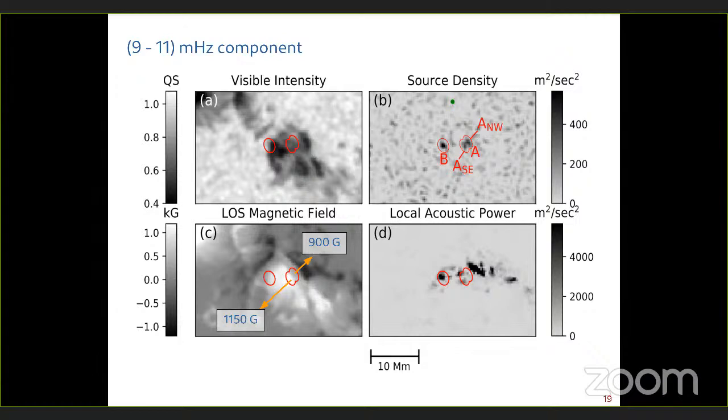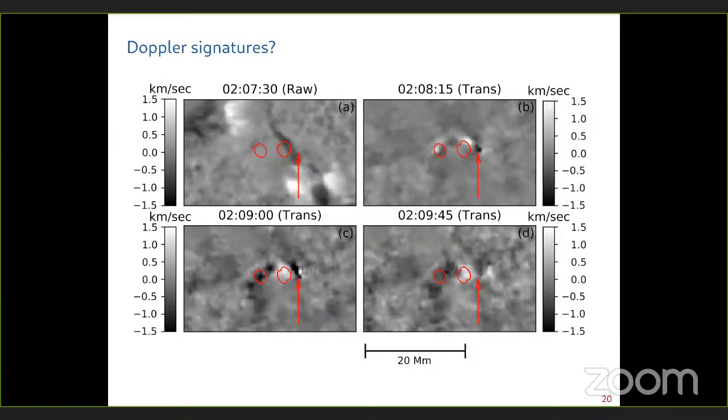Panel B shows the local acoustic powers of Doppler disturbances, in which we see that source B has a Doppler signature, but it's a void for source A. Now, those contours over the Doppler images show this set of images. Panel A is the raw Doppler image, in which we see the location of these sources.